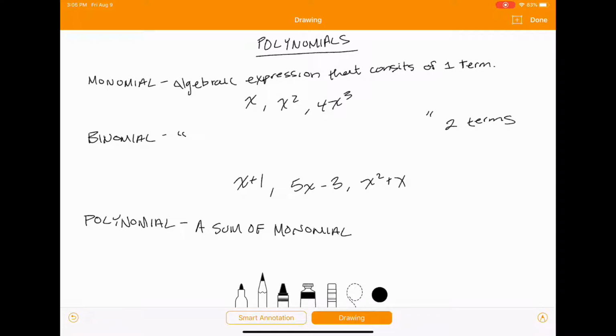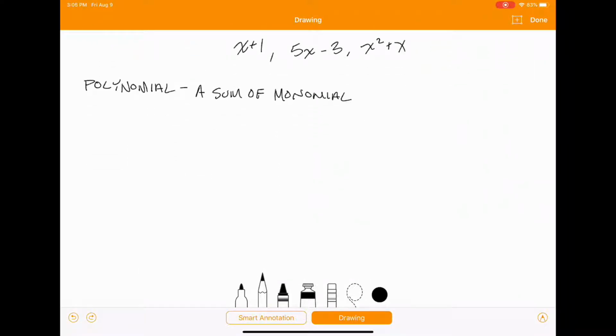So a binomial is actually a version of a polynomial. Again, a polynomial could be something like 4x squared plus 3x minus 2. That would be an example of a polynomial.